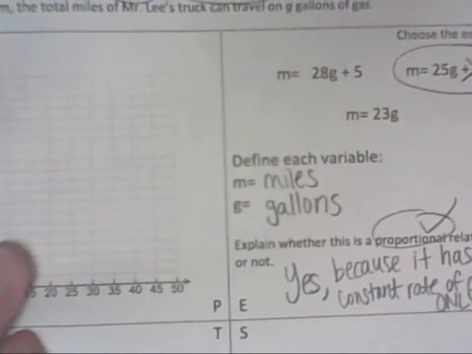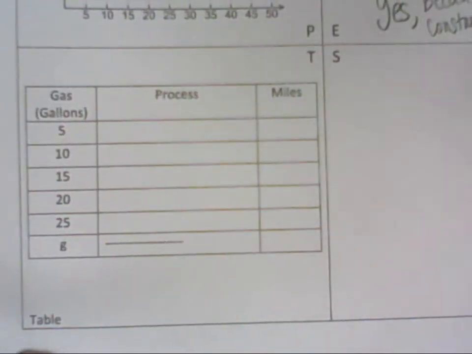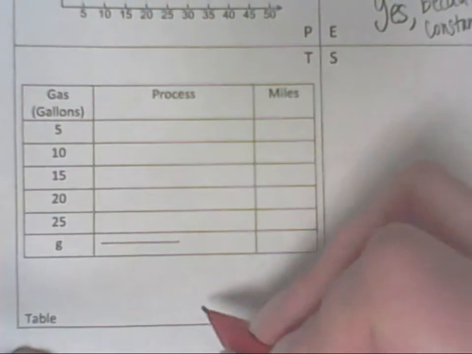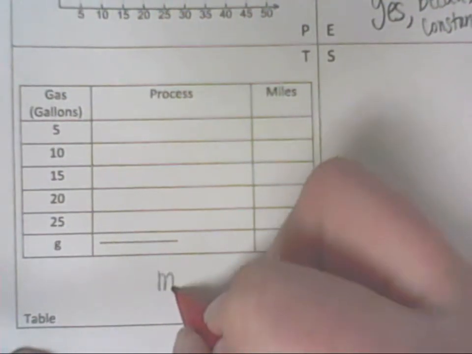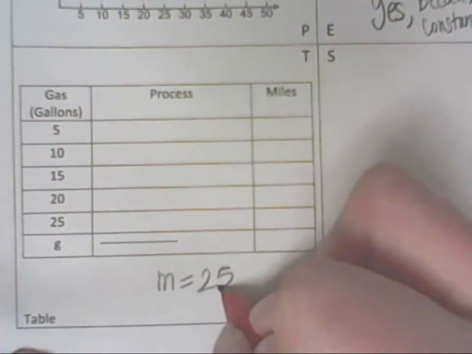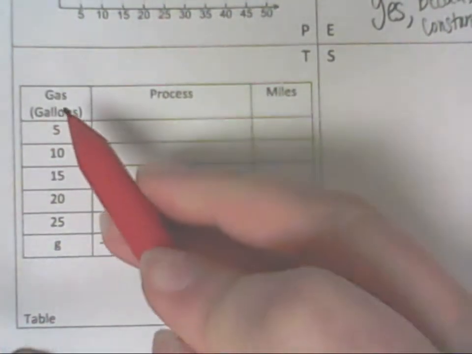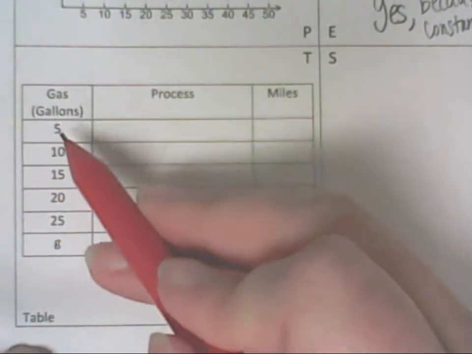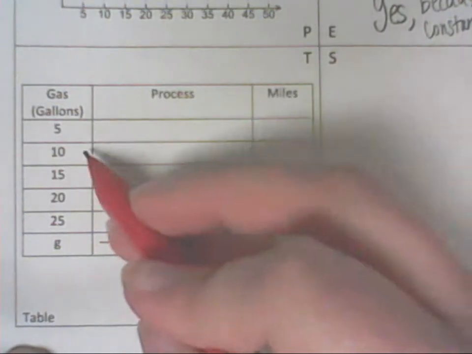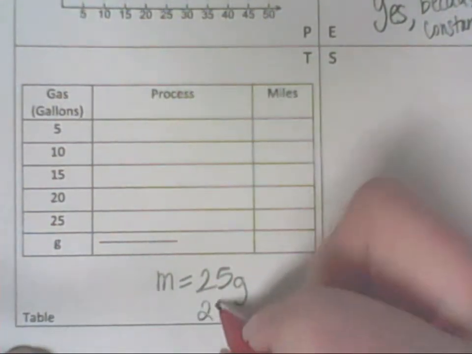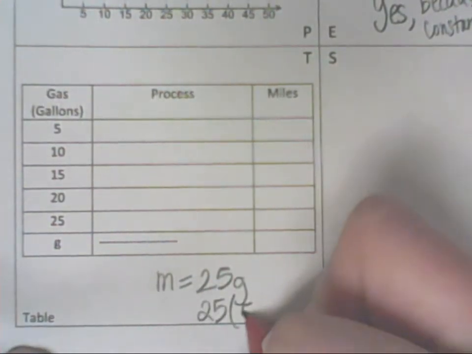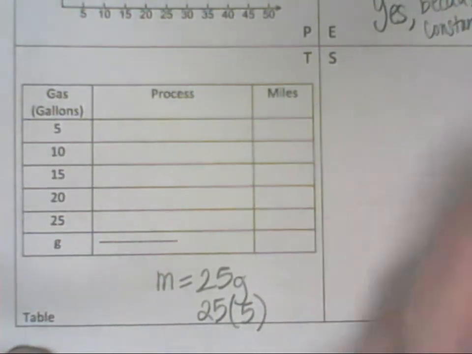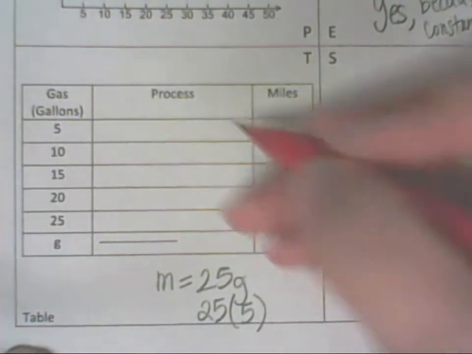Now, with that being said, let's use that equation, 25G, and let's go ahead and create our table. So our equation is miles equals 25 gallons. So let's look. How many gallons do we have here? 5. Very good. So if we have 5 gallons, we're going to substitute 5 for G. Substitute means we take out the G and we put in a 5.